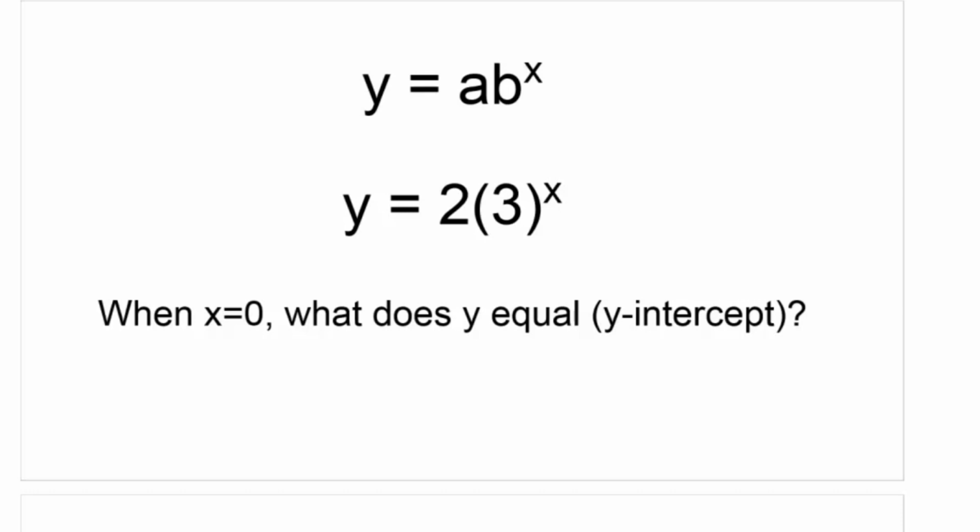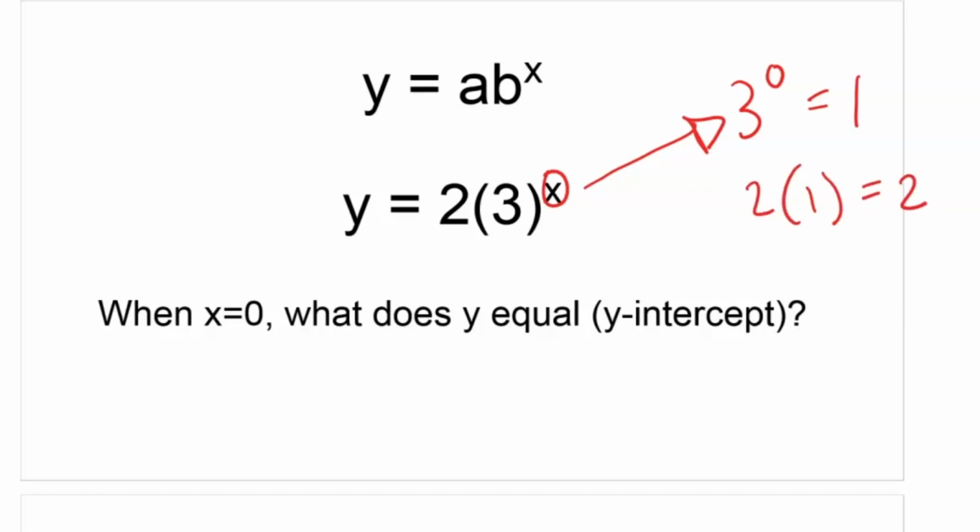So think about this equation. When x equals 0, then what does that do to the equation? Or what does y equal? So anything to the power of 0, so we have 3 to the power of 0 here, anything to the power of 0 equals 1. So then we're left with 2 times 1, which equals 2.